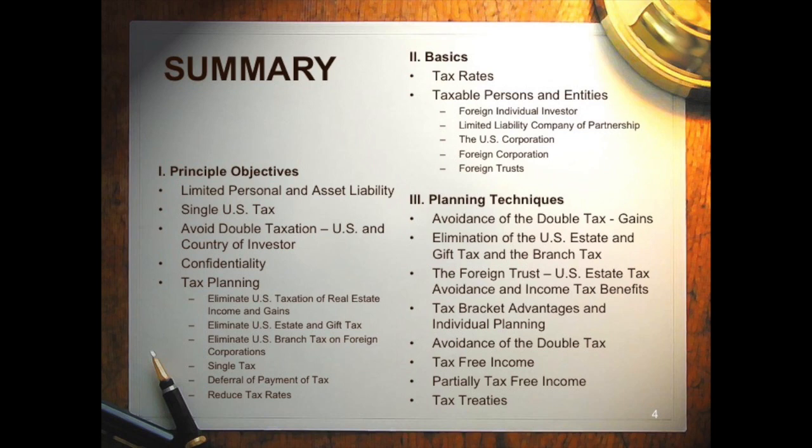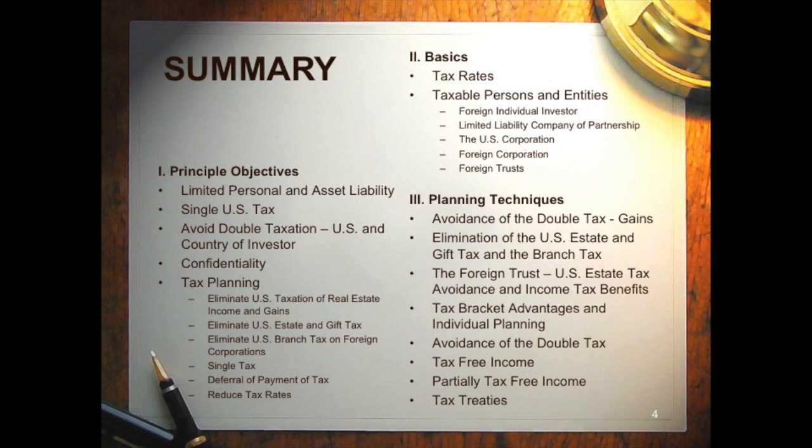We've talked about eliminating the U.S. branch tax, which is a tax on corporations, several ways to deal with it. We've talked about how to make sure in tax planning there was only a single tax. We talked about how taxes could be deferred on and on ad infinitum before the payment of taxes. And we talked about how to take advantage of all the deductions that reduce tax rates.